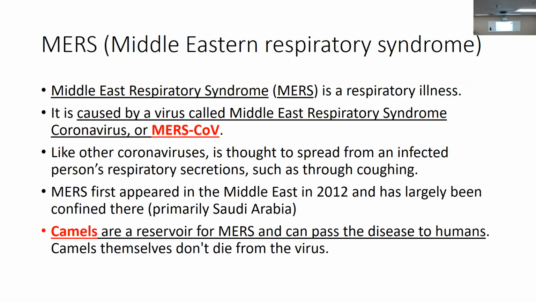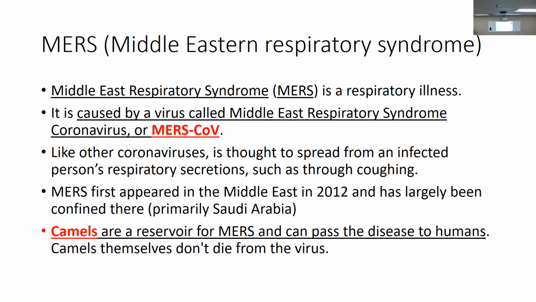Here's another warning. MERS, Middle East Respiratory Syndrome, caused by a coronavirus. Middle Eastern Respiratory Illness. This was 2012. You see the timelines? 2002, 2012, 2019. Middle Eastern, we called it that.